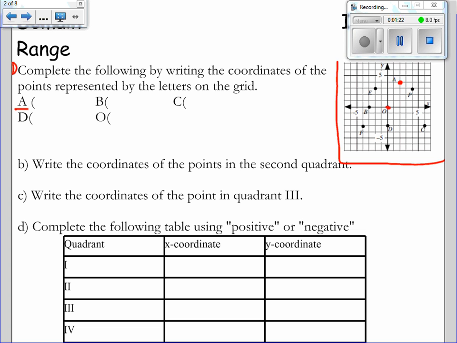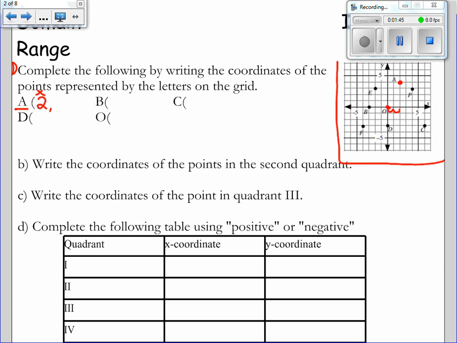So I have to take 1, 2 steps to the right to be right below the point. I'm not on point A yet, I'm just below it. Those 2 steps to the right, that's the first thing you put in the coordinate. It's also called your x value. So your x value is your first point in the coordinate.